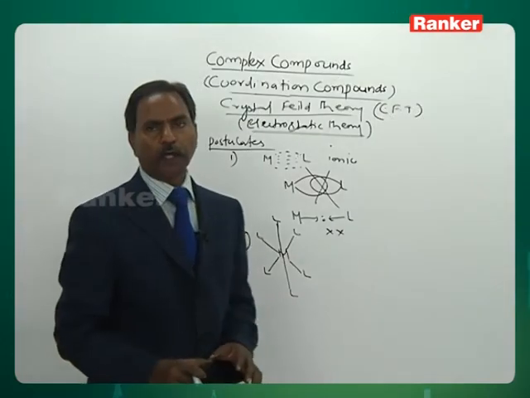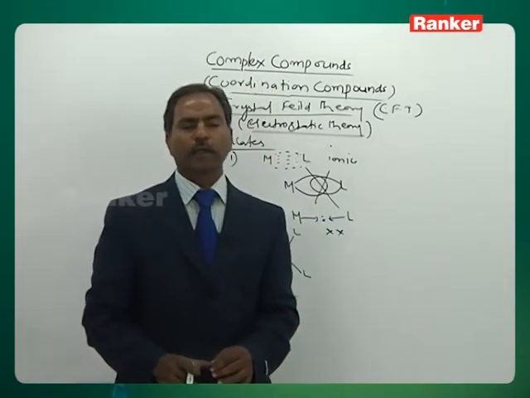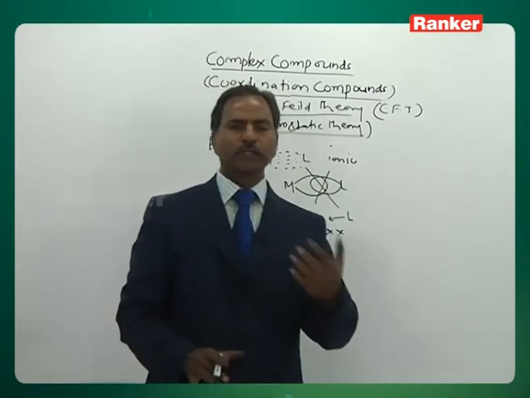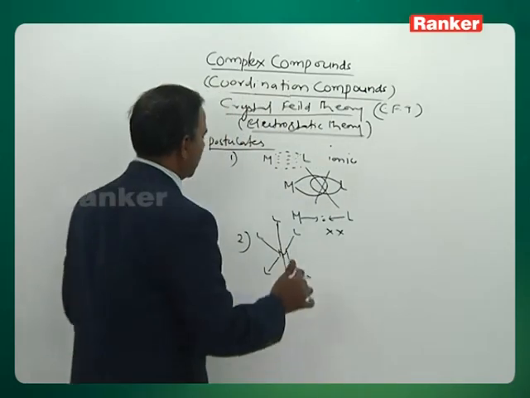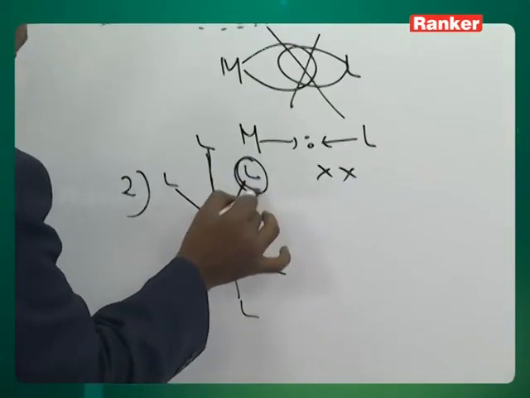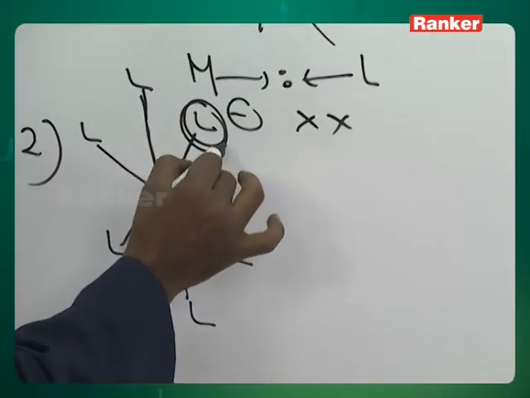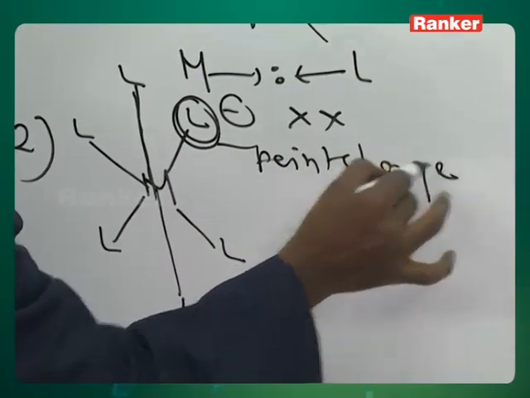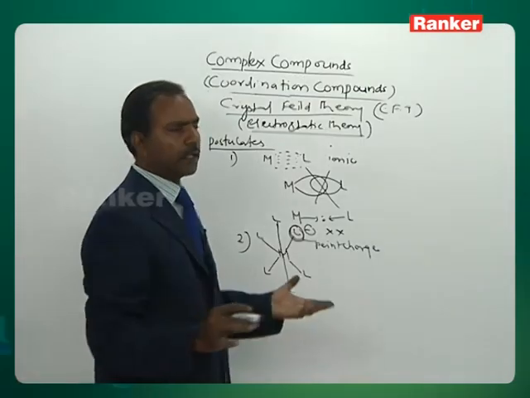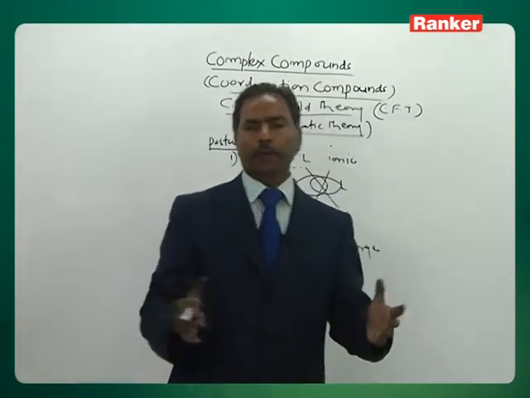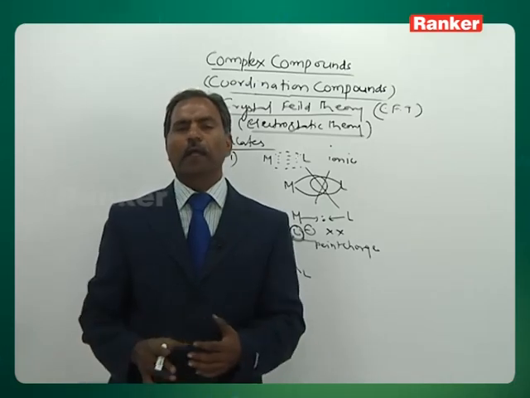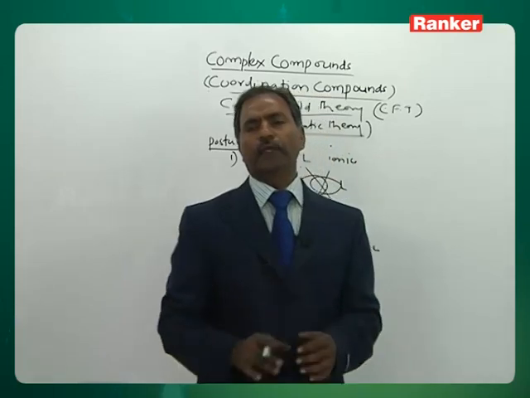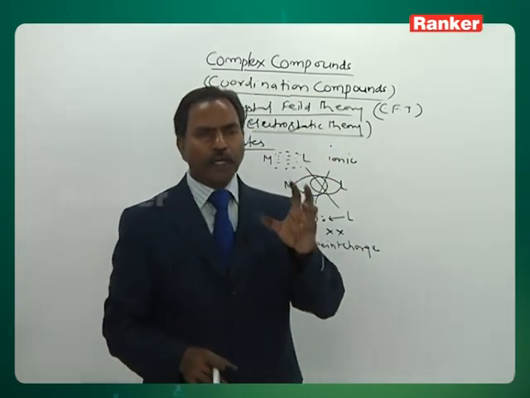According to this theory, a negative ligand is considered a point charge. Take any negative ligand like chloro, cyano, bromo or nitro ligand. All the negative ligands we can consider as point charges.